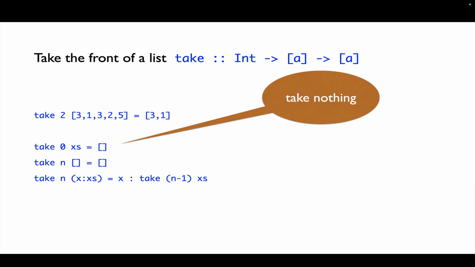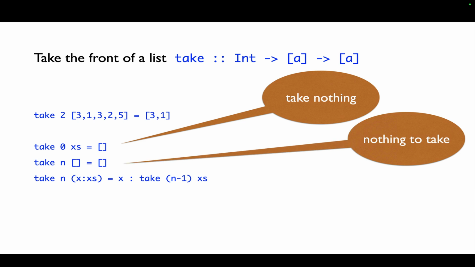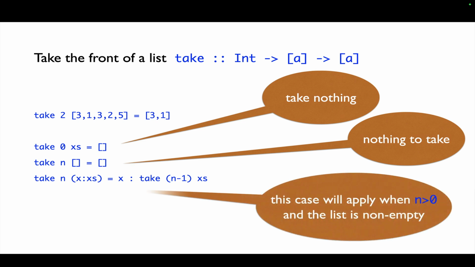Let's have a look at how that works. The first clause says if we're asked to take 0, then we return the empty list. So in the first clause, we're told to take nothing, so we take nothing. In the second clause, there is nothing to take. So again, we return the empty list.